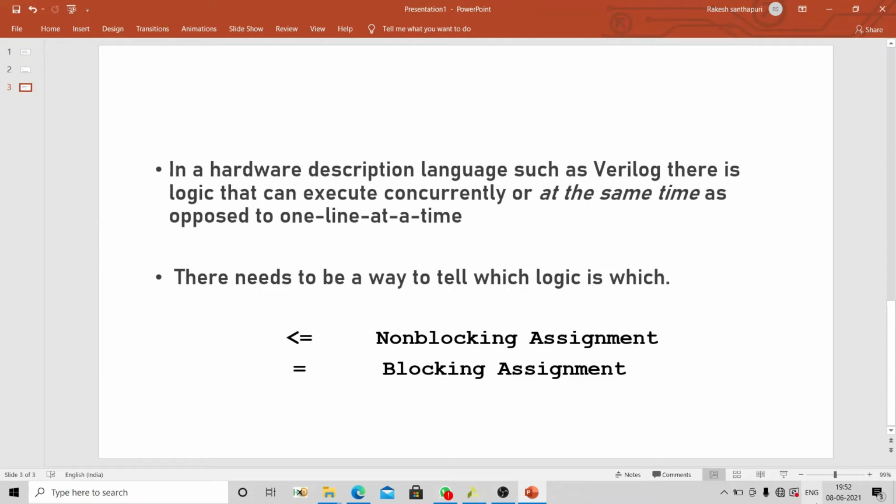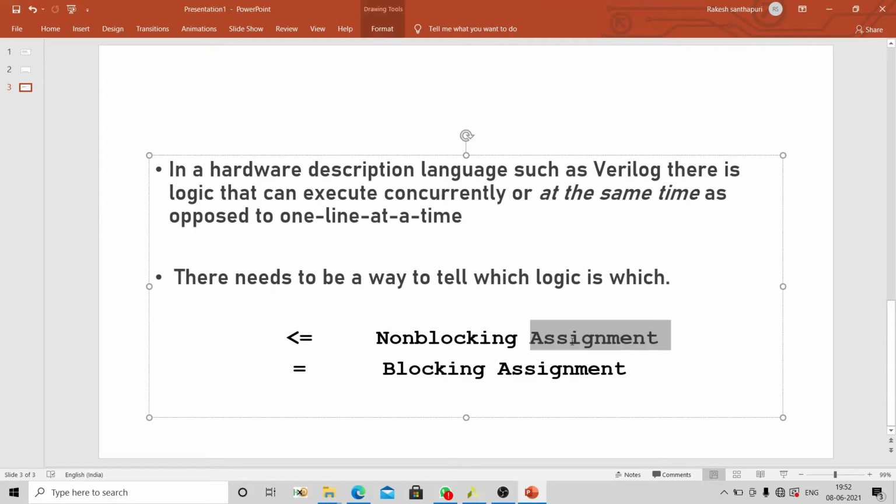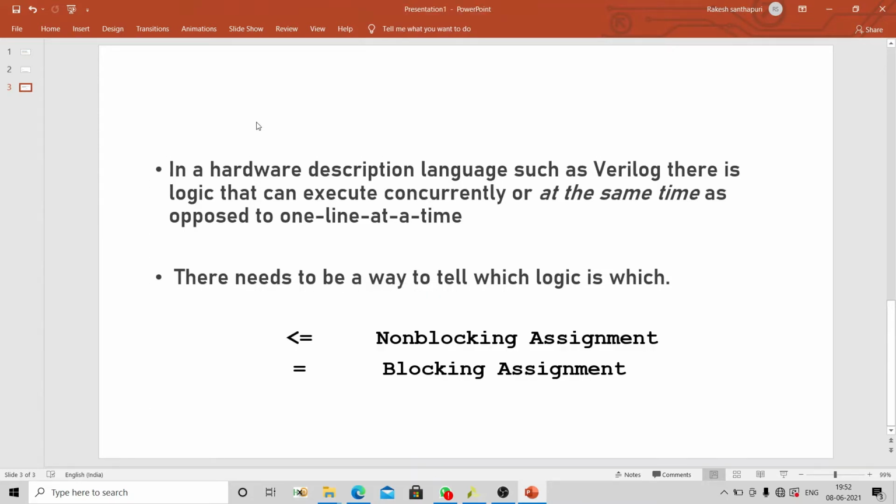It's not going to happen like first it goes to this block, then to that block. Whatever components are connected to this power supply, all of them get the power at the same time. To represent that in coding, we use non-blocking assignments.